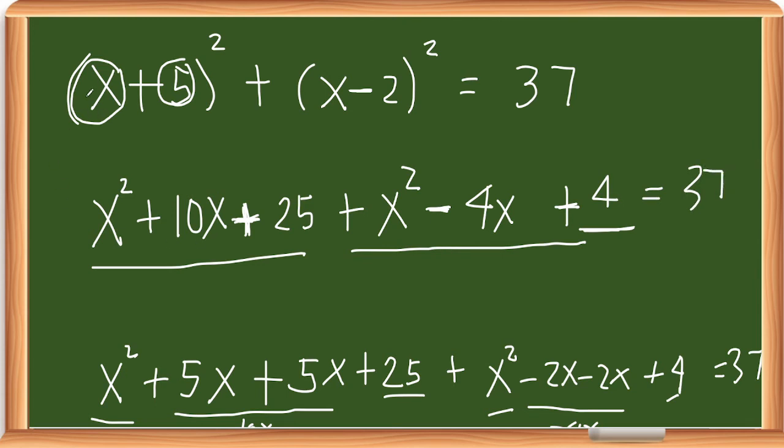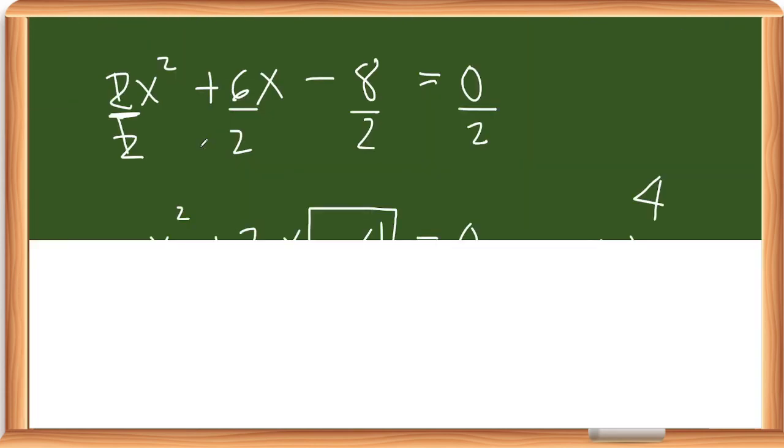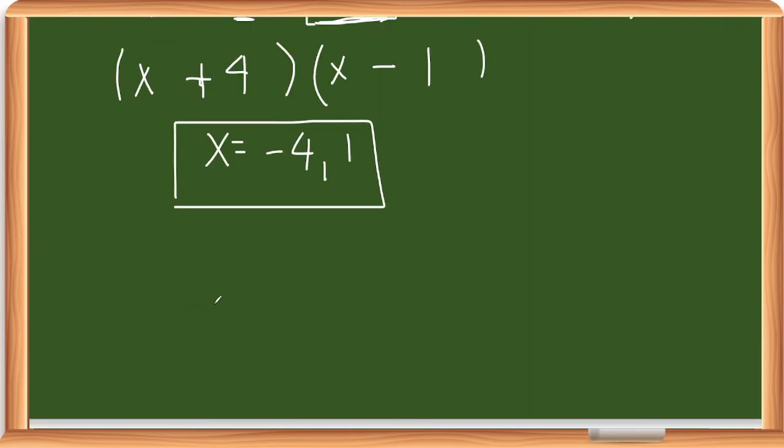Okay? So, whenever you encounter a squared binomial, for example, a squared binomial x minus 3. That is what is being squared. How do we get the product? Square this, that's x squared.